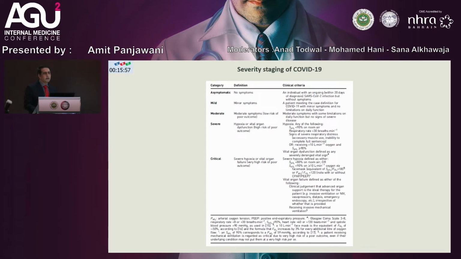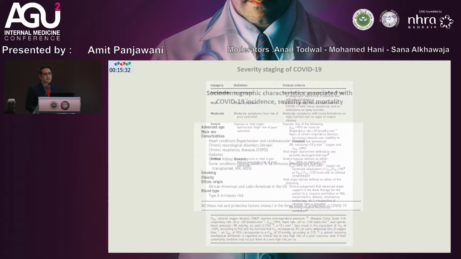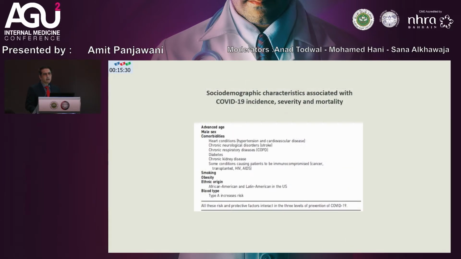According to the World Health Organization, the coronavirus infection can be classified as asymptomatic, mild disease, moderate disease, severe disease, and critical disease. Severe and critical diseases are those coronavirus infections which are associated with the involvement of vital organs, and it may be associated with hypoxia if there is the presence of a COVID pneumonia.